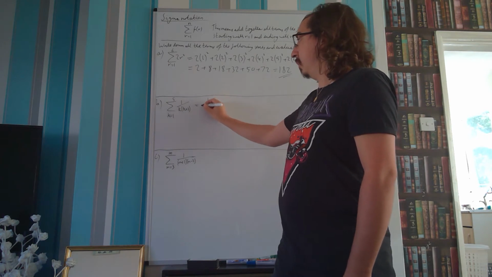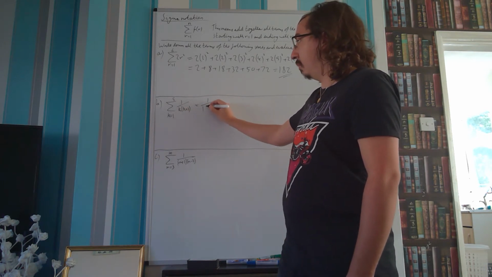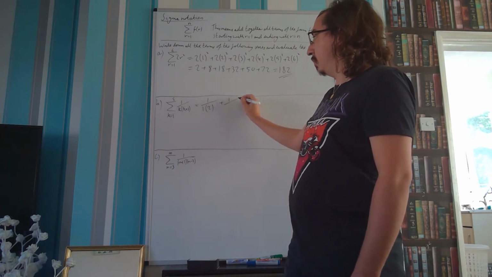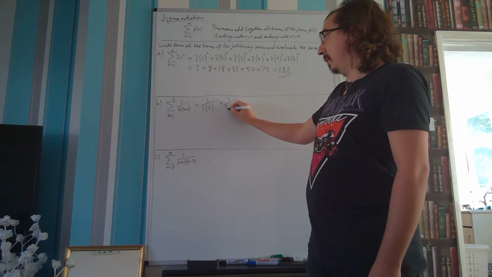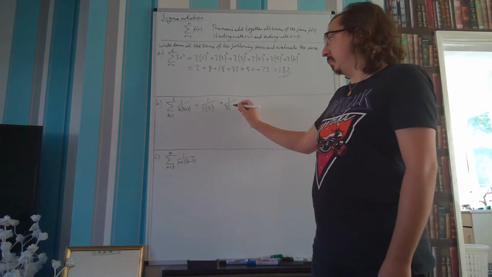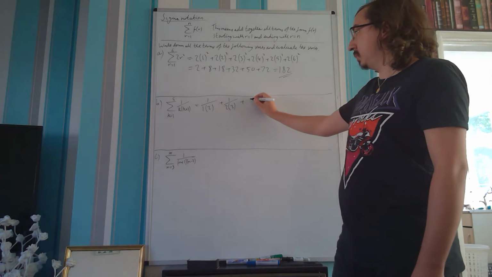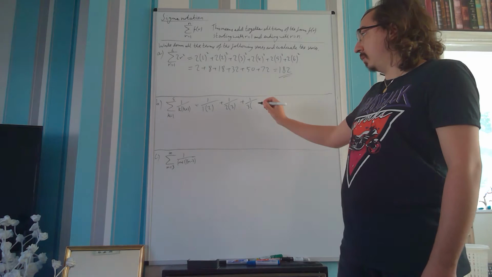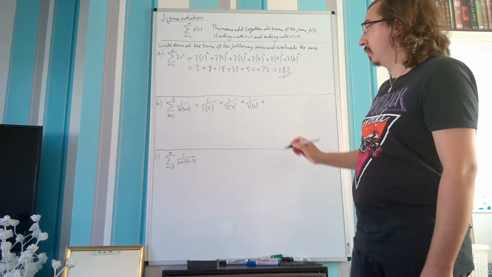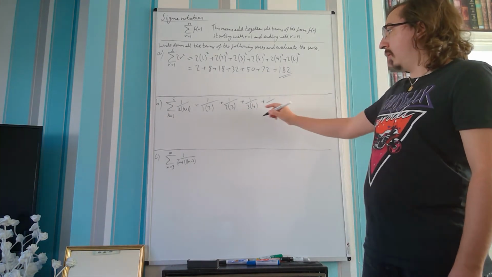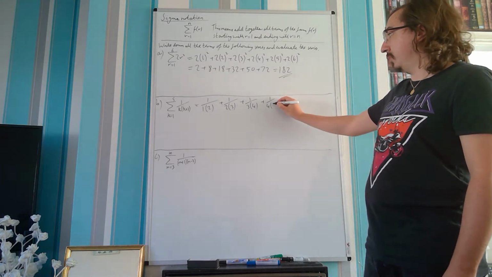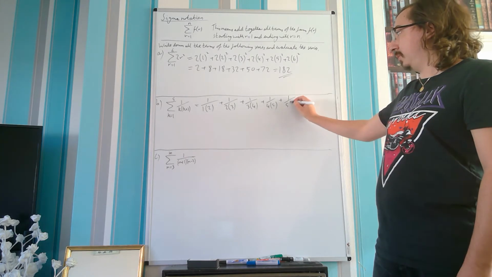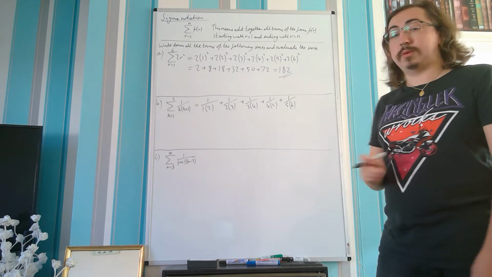So for this one, we've got 1 over 1 times 1 plus 1, which is 2, plus 1 over our next k value, which is 2. 2 plus 1 is 3, plus 1 over our next k value is 3. 3 plus 1 is 4, plus 1 over our next k value is 4. 4 plus 1 is 5, plus our next k value is 5. 5 plus 1 is equal to 6.